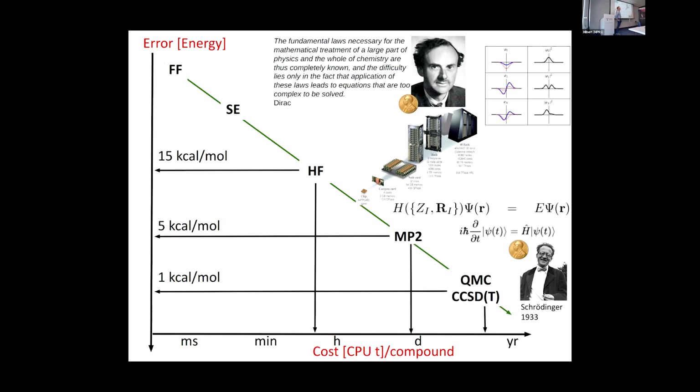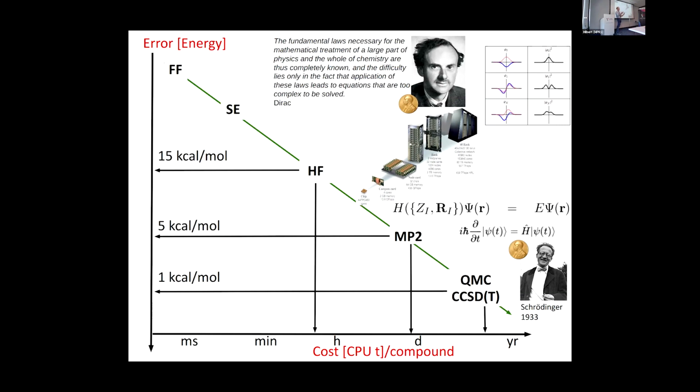Approximations to the electronic Schrödinger equation. Now, there are many different Schrödinger equations in the atomistic sciences, right? For instance, you also have the nuclear Schrödinger equation to describe the vibrations of molecules, or phonons in solids. However, the electronic one is typically the bottleneck, right?